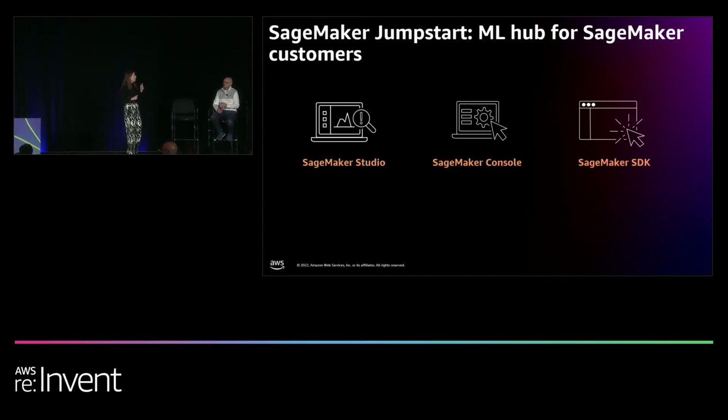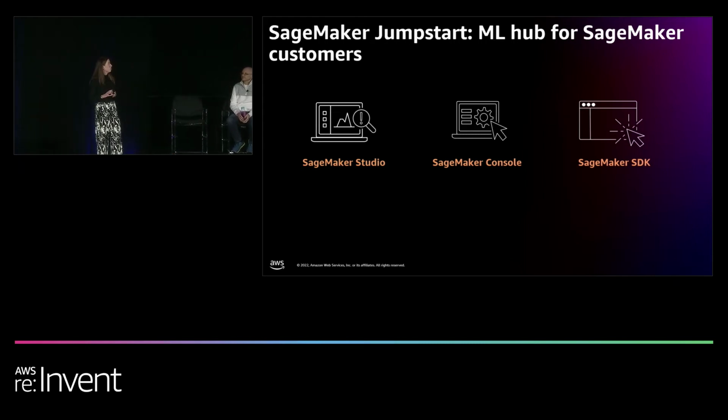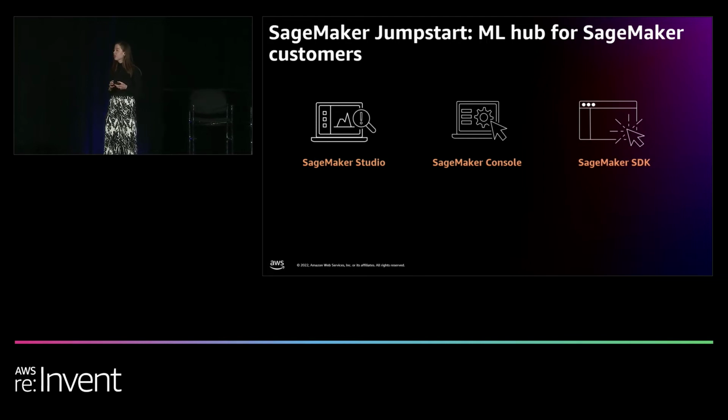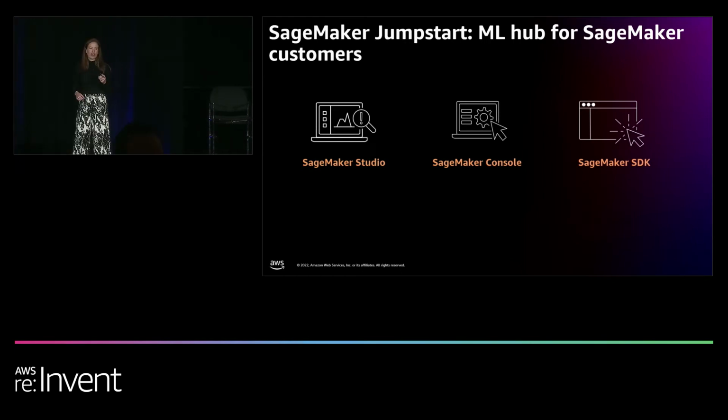You can find SageMaker JumpStart content in SageMaker Studio, and now available in preview, so a very exciting launch, within the SageMaker console. And then lastly, you can invoke JumpStart APIs via the SageMaker SDK.